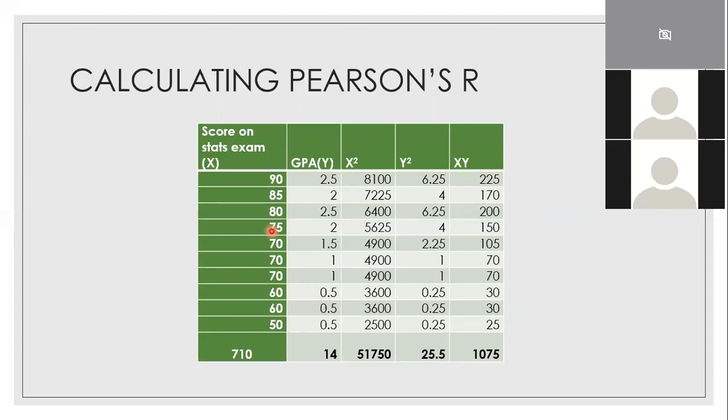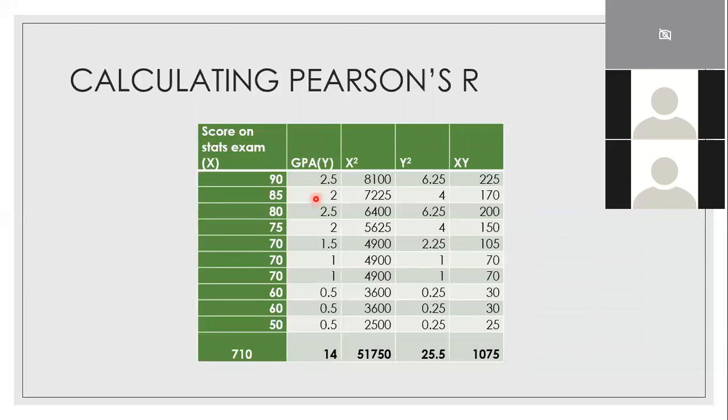We have here 1, 2, 3, 4, 5, 6, 7, 8, 9, 10, so this represents information on 10 students, their score and grade point average.